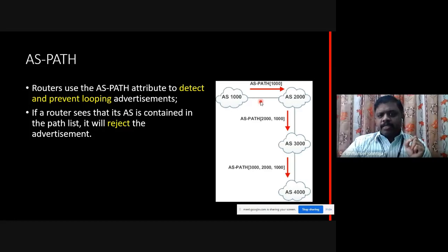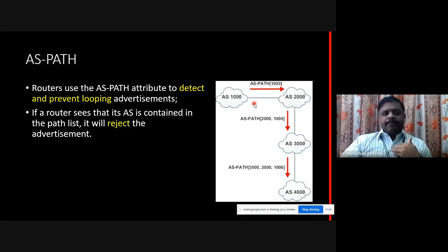When this route is distributed, it includes its own ID. If I am the person who distributes the routing information to my neighbor, to the gateway router in the other autonomous system, I include my ID, the autonomous system number, in that path attribute. Okay, so that is included.